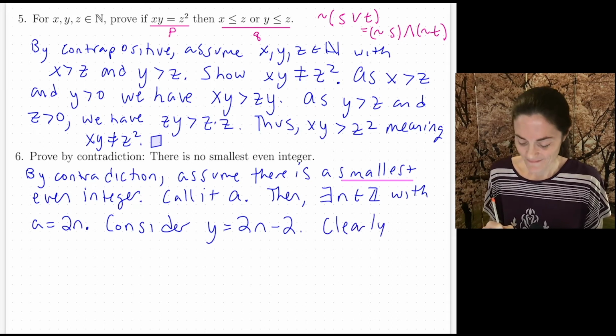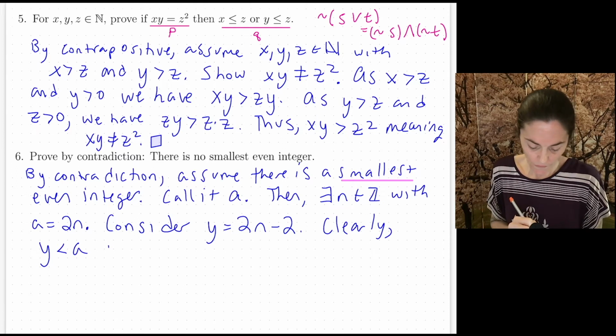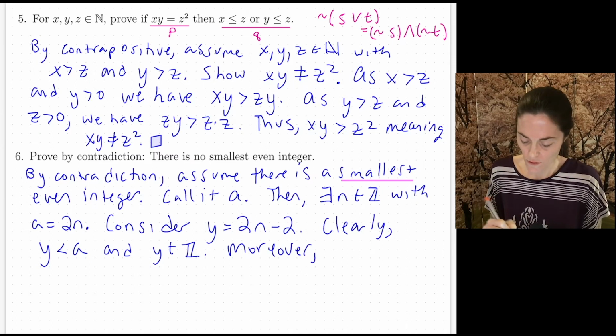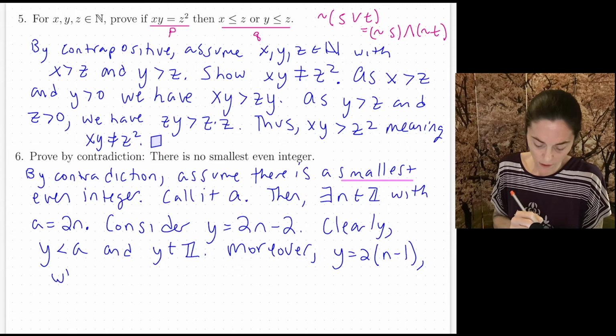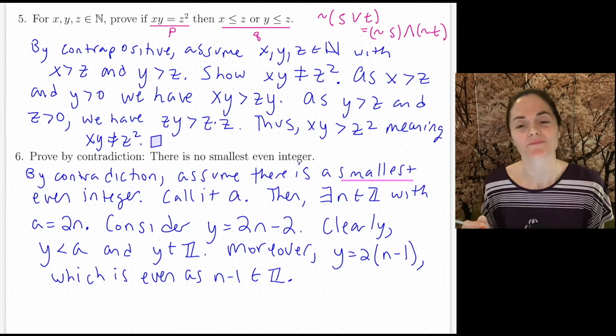Clearly, y is less than A, and also y is an integer. Moreover, we can write y as follows. It's 2 times n minus 1, which is even, as n minus 1 is an integer.